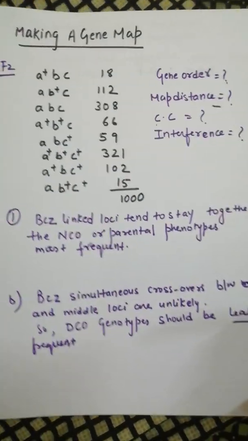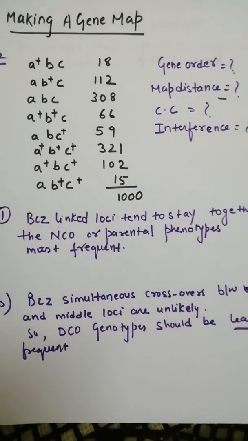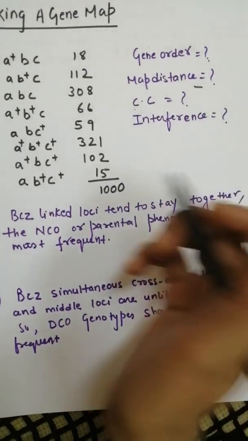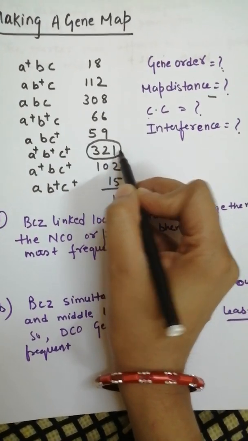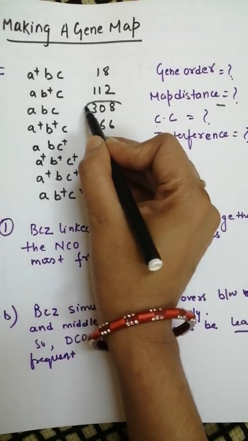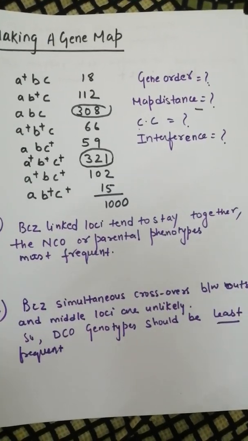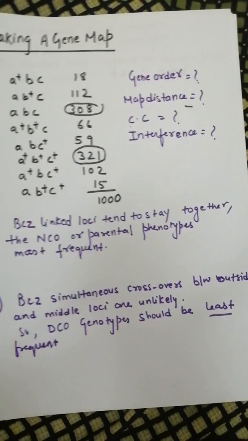Then first, the first step of finding gene order is to see which is the highest: 321 and 308, because linked loci tend to stay together. That's why the non-crossover or parental phenotypes are most frequent.